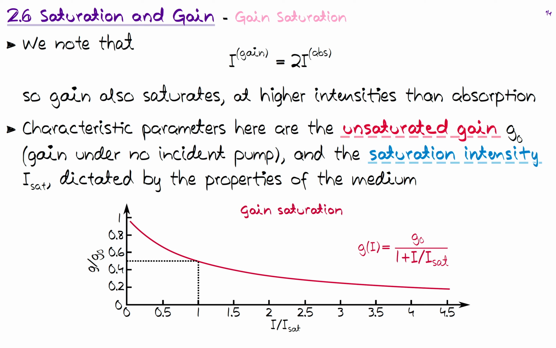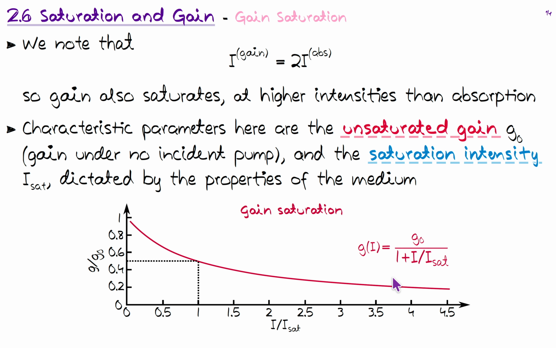And here this picture shows what happens in practice in terms of gain saturation. Now we have a weak incident pump, we have enough population inversion, and we have a weak-pump gain. And what happens is that when we increase the incident pumping intensity, the gain doesn't actually increase at all, but rather it will be saturating, lowering and lowering its value.